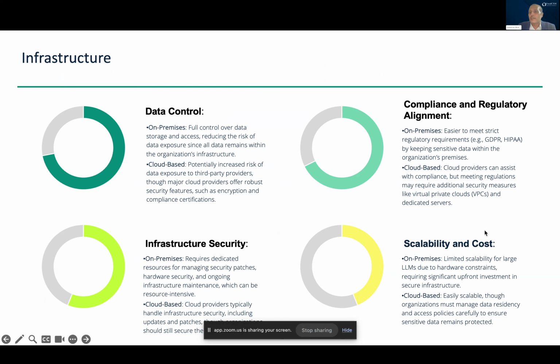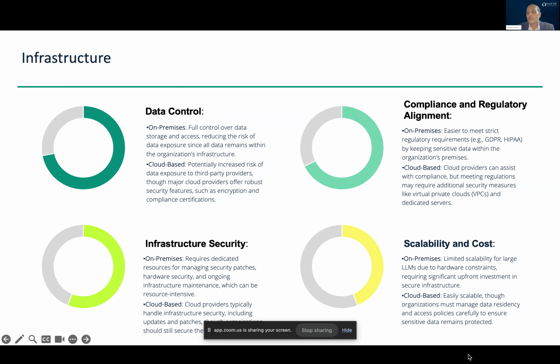Then moving on to infrastructure security, again, cloud-based has its own services to implement the security. For example, firewalls and subnets are available as services here. However, with on-premise, you have to orchestrate the services. Then last but not least, an extremely important choice you have to make is scalability and cost.